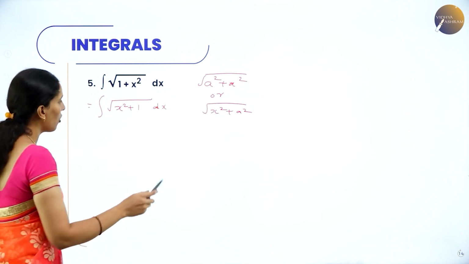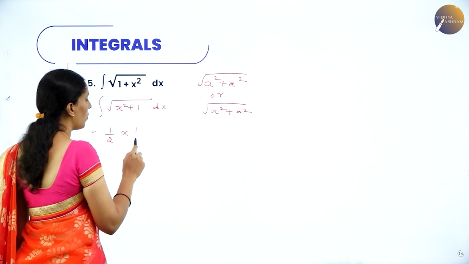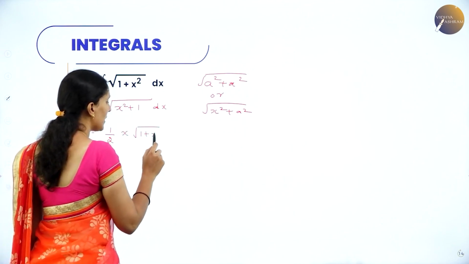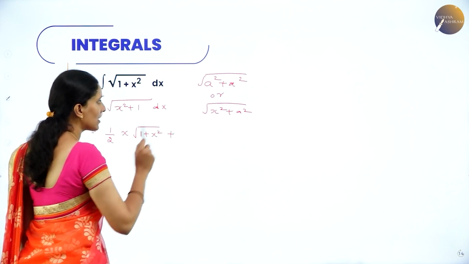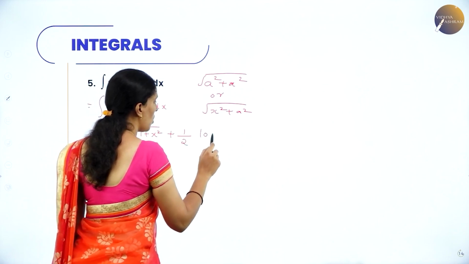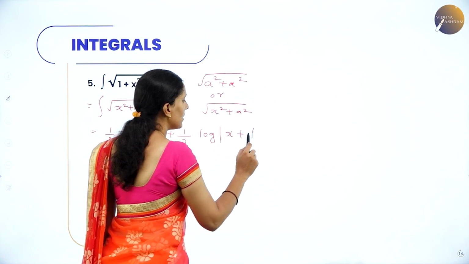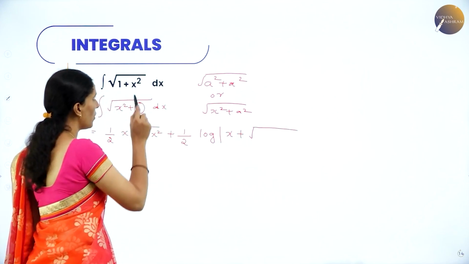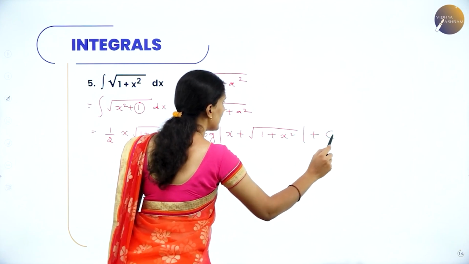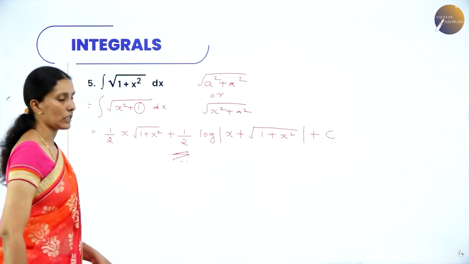So, the standard integral of this form is 1 by 2 times x root of x square plus a square, which is nothing but 1 plus x square, plus a square by 2 log x. A square is nothing but 1. Under the square root, x square plus a square, which is nothing but 1 plus x square, plus c. This is the value of the given integral.